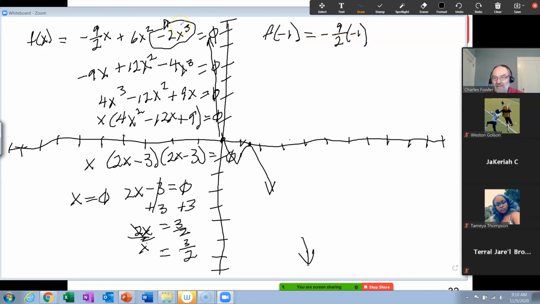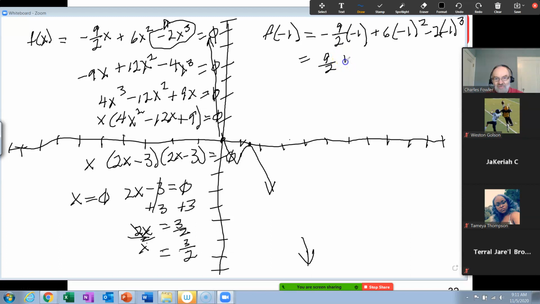We're just plugging in a -1 everywhere you see an x. Plus 6 times a -1 squared, minus 2 times a -1 cubed. Okay. Well, minus 9/2 times a -1 is a positive 9/2.